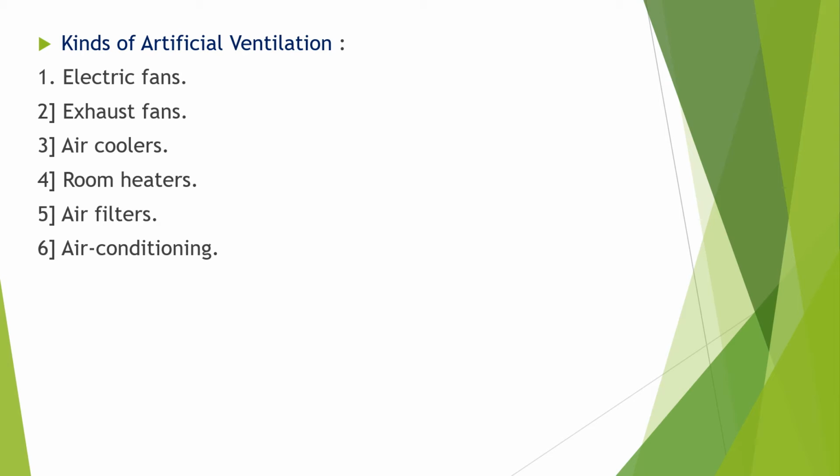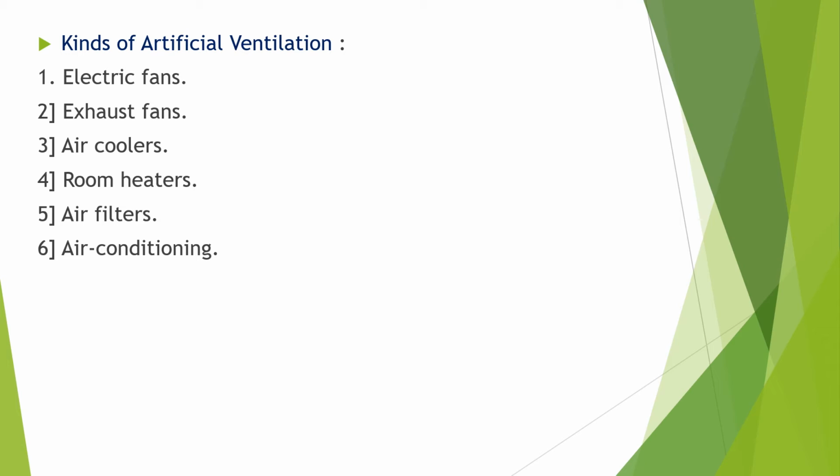Third point is air coolers. Air coolers have also become very popular in offices. They draw in the air which passes through water vapor and becomes cool. Next is room heaters. Heaters may be provided during the winter to keep the temperature of the workplace above the atmospheric temperature.